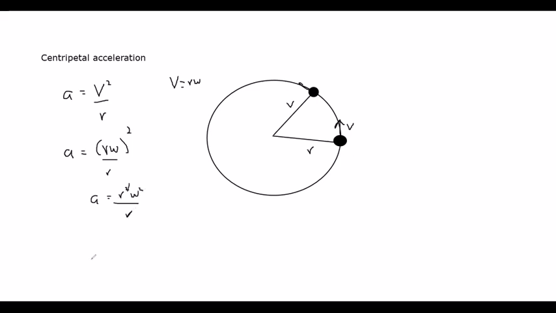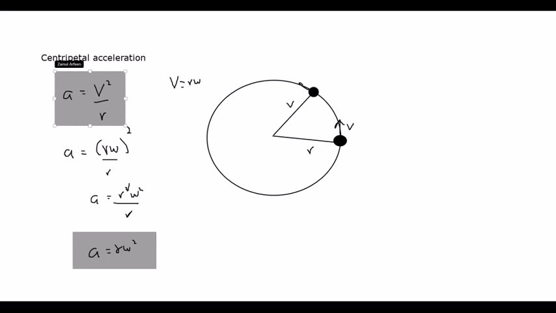This r will cancel with r. So a is equal to r omega square. So this is the second formula for centripetal acceleration. If we know the angular velocity, we can use this formula. If you know the linear velocity, you can use the first formula.